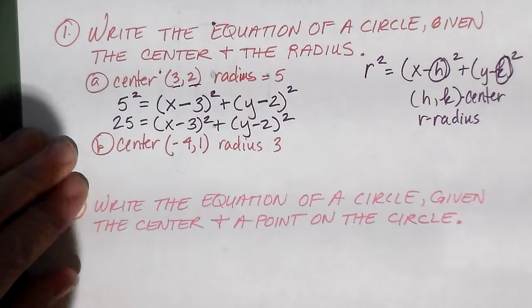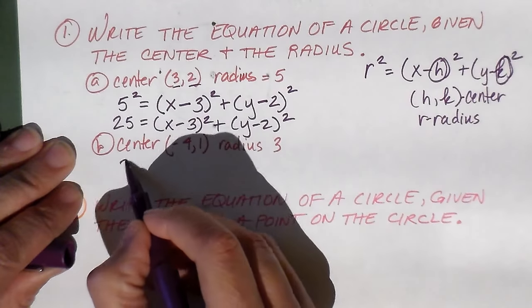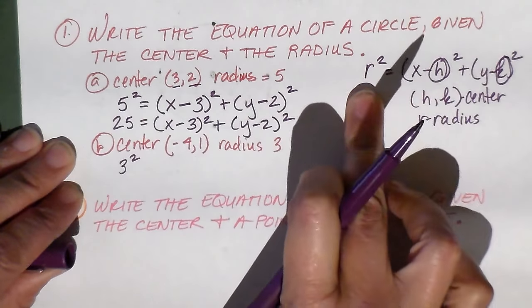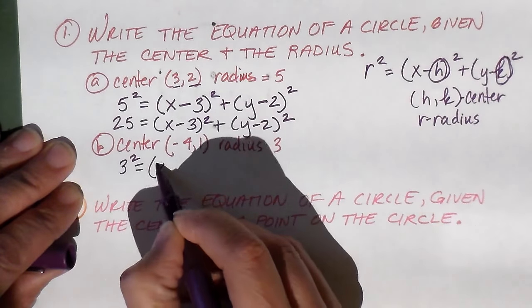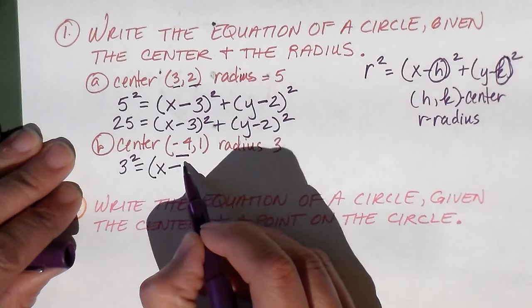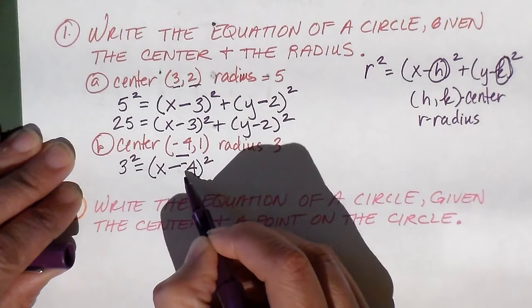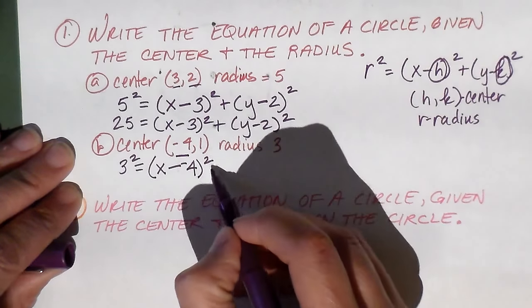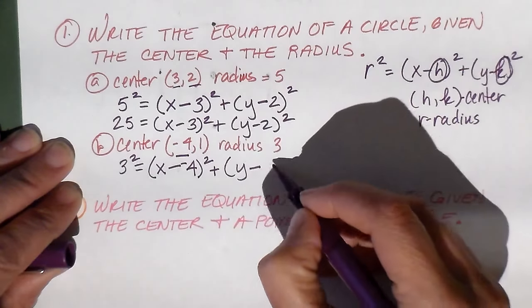Once again I'm going to find the equation of the circle. My radius is 3, so 3 squared, because remember it's radius squared, equals x minus your x coordinate. What is my x coordinate? -4. That means it's x minus -4, which changes to positive, plus y minus k, which is 1.